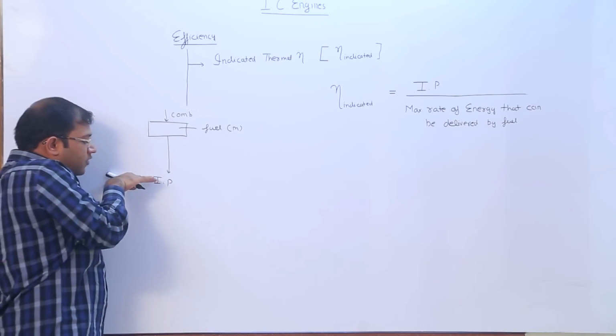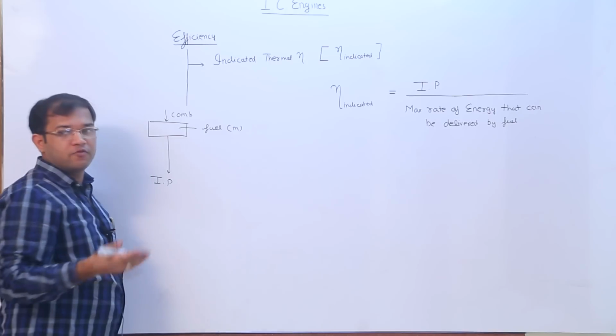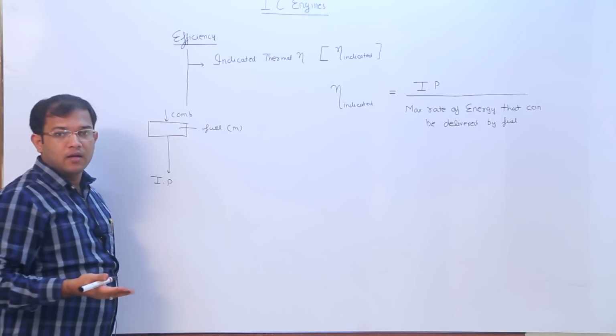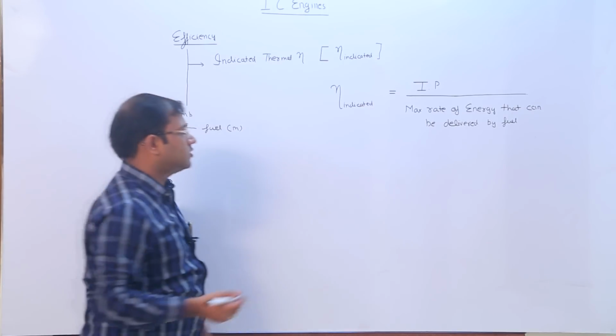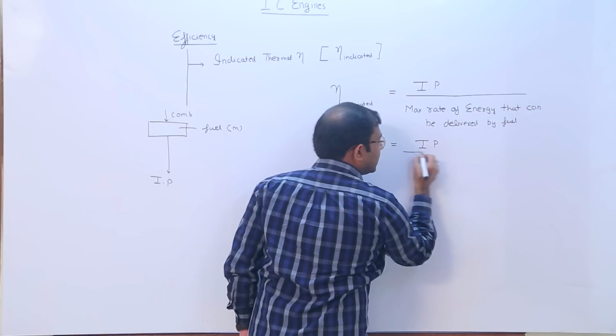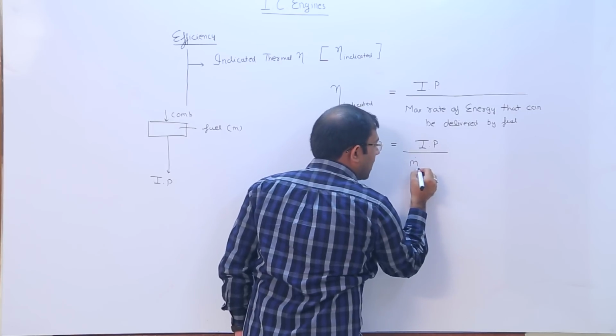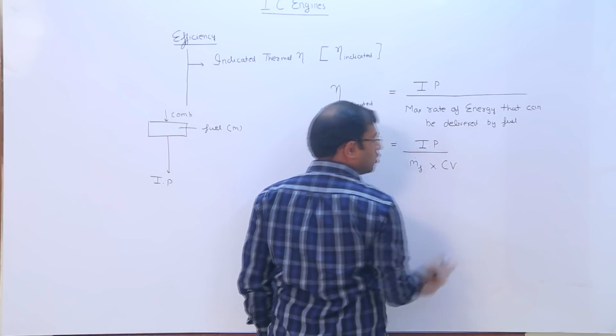So the ratio of indicated power to the energy stored in the fuel is nothing but your indicated thermal efficiency. Fine, eta indicated. So this can be simply written as indicated power upon mass flow rate of fuel into its calorific value.